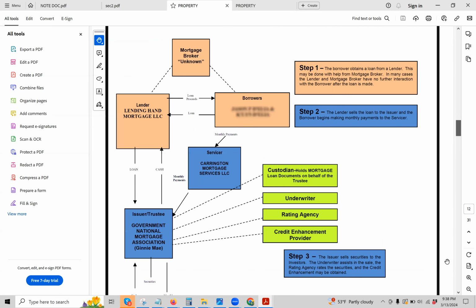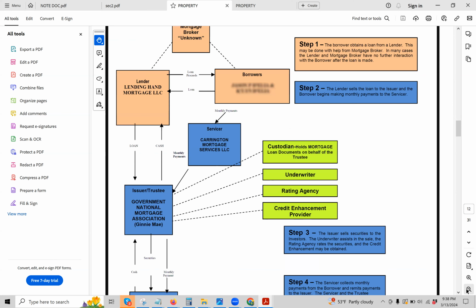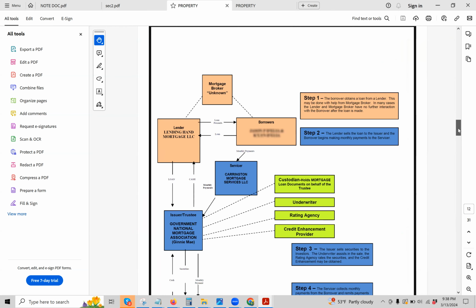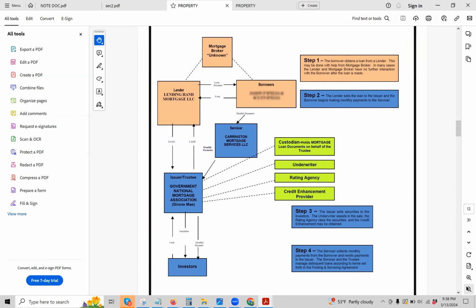And here's another very good graph as well, okay? This one actually has a step-by-step analysis in these boxes, as you can see here. It will tell you, step one, a borrower obtains a loan from the lender.